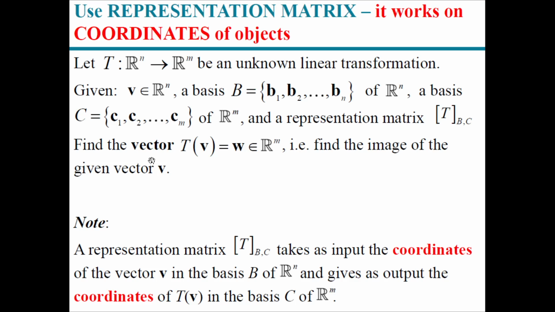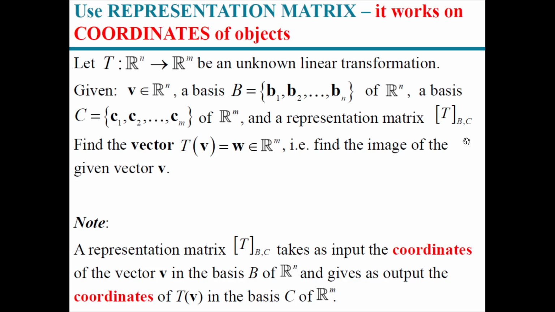So we want to find the image of v under the action of the linear transformation T. But what we are given is a basis for the input space and a basis for the output space. And we are given the representation matrix relative to bases B and C. Basis B for the input space and basis C for the output space. Okay, good luck. Find.